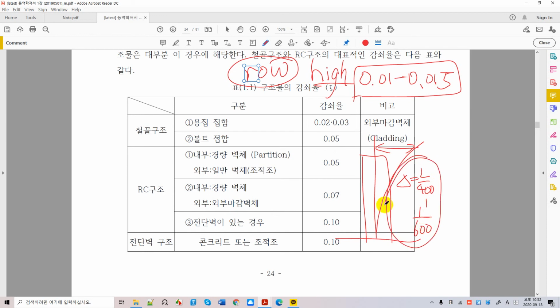So if your damping is mistakenly input into the building or your deflection calculation is wrong, then you are in big trouble, right? So you always have to discuss and carefully determine the magnitude of damping in the building so that you calculate your deflection accurately, right?